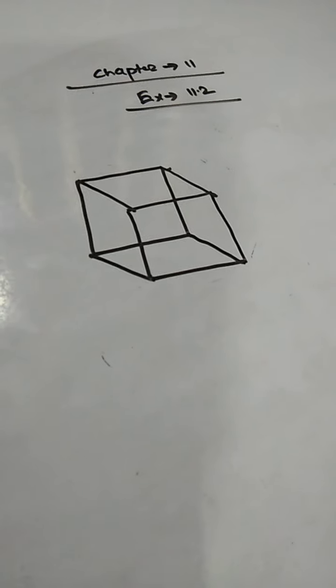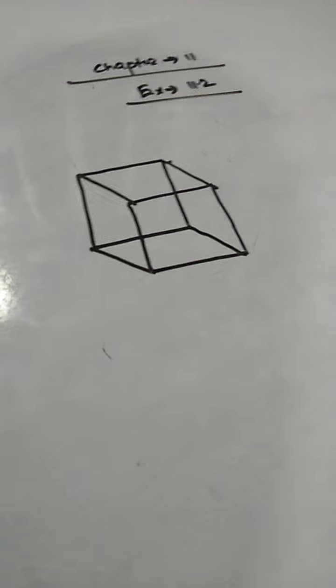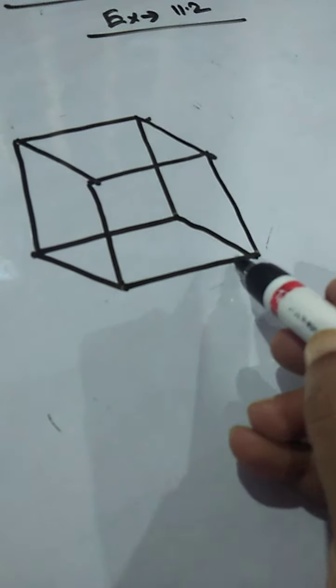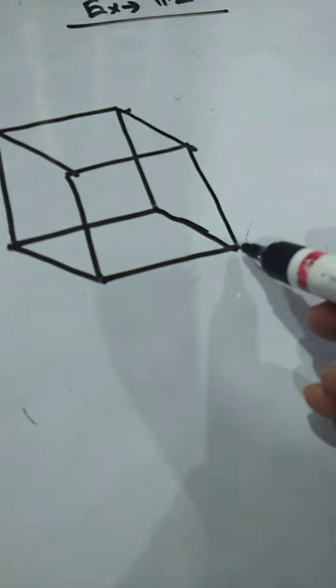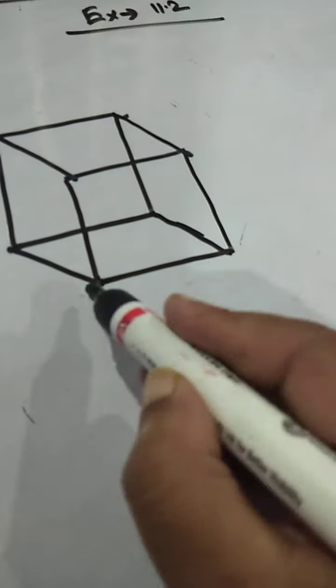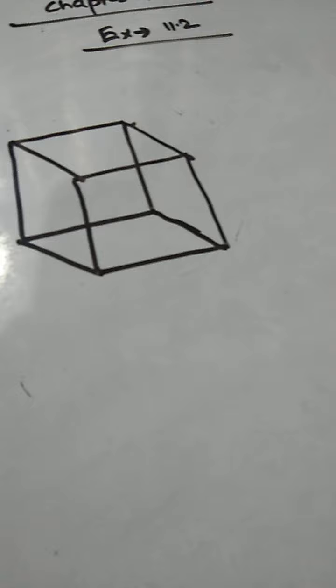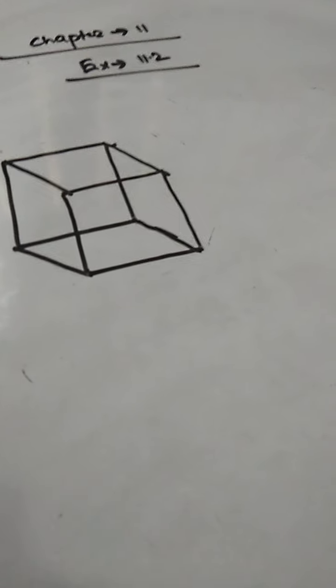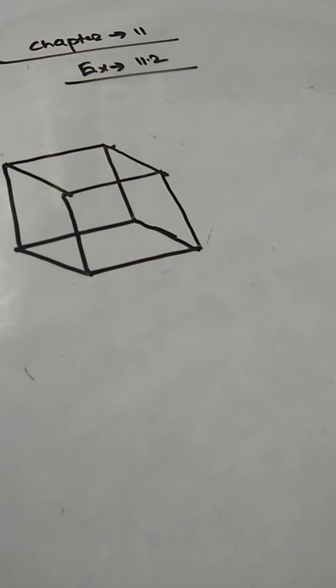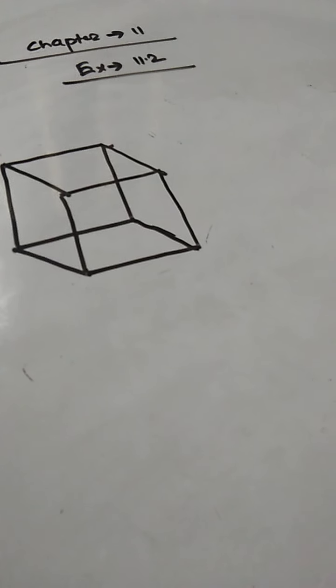Why is it said to be a 3-dimensional figure? Because it carries length, breadth and height. So 3 dimensions are given, and it is said to be a 3-dimensional figure. As shown in the figure, it has 6 faces and all of them are identical squares.